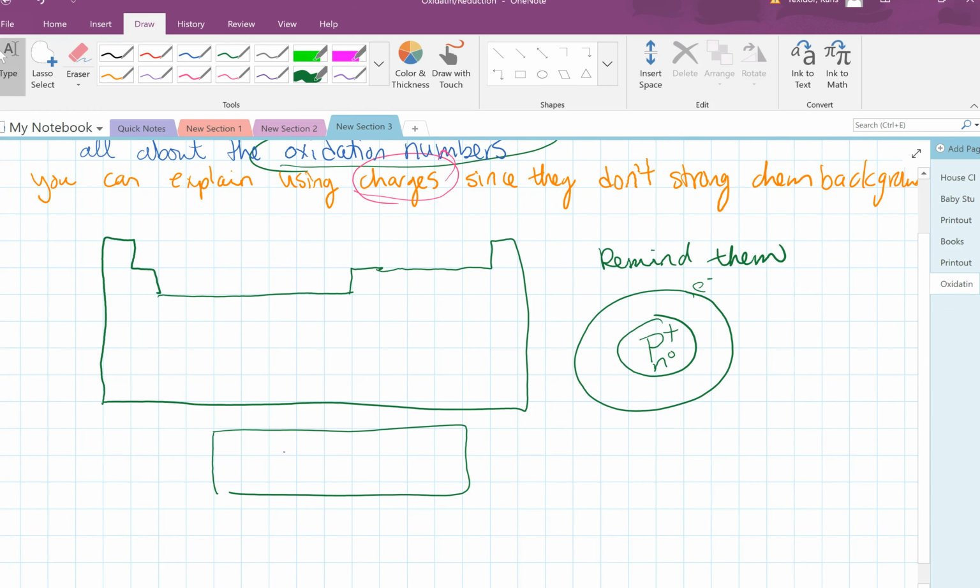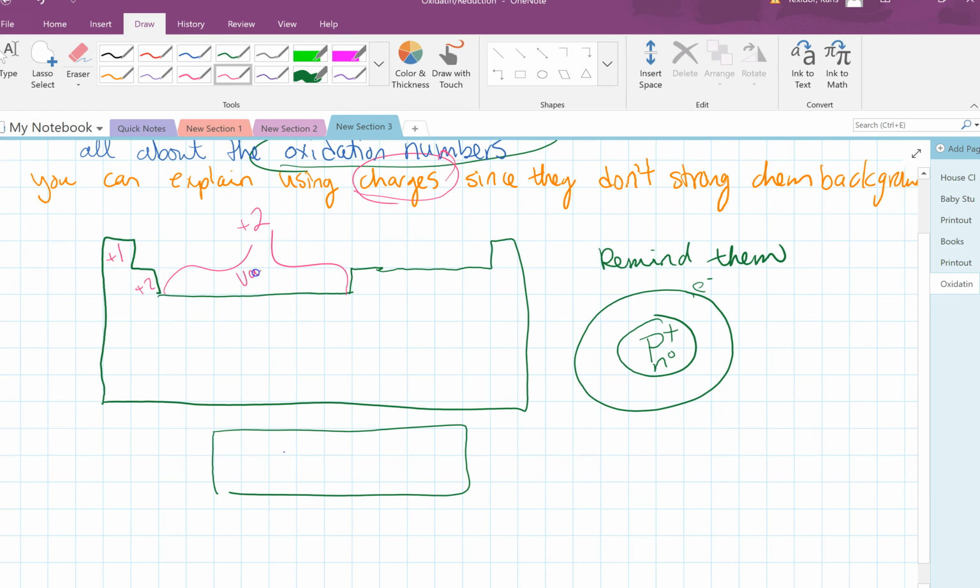Because charges are oxidation numbers, but not all oxidation numbers are charges. So they should remember this from back in 8th grade physical science, that the first part of the periodic table creates a +1 charge and then a +2. The middle is a +2. Some of them are variable charges. You don't have to get into that.